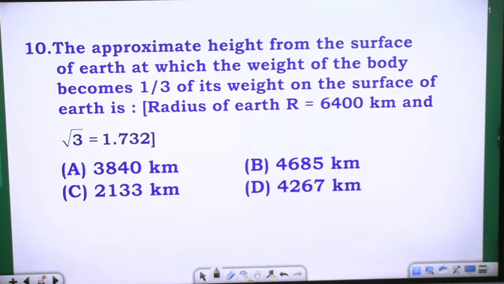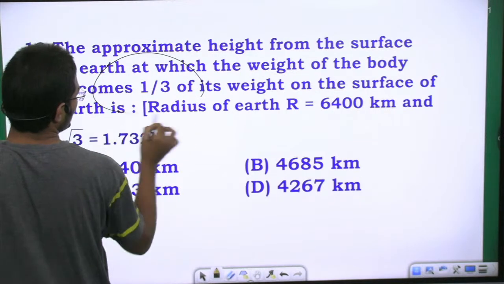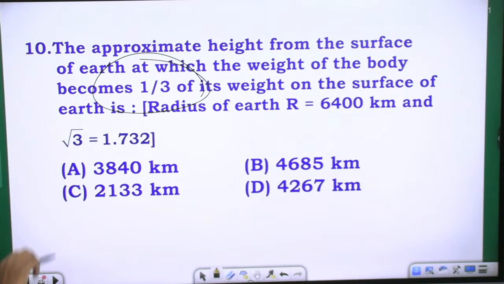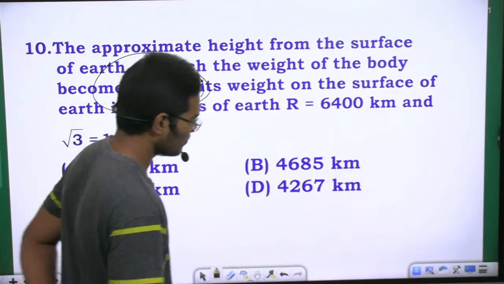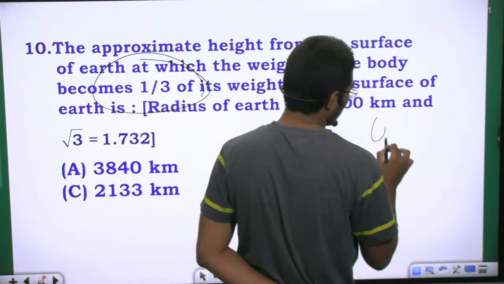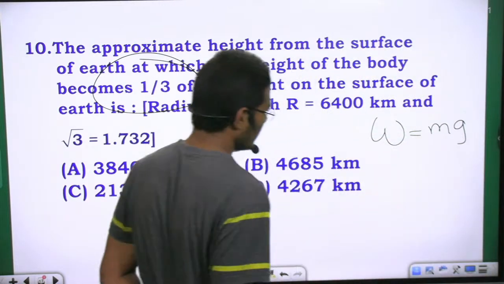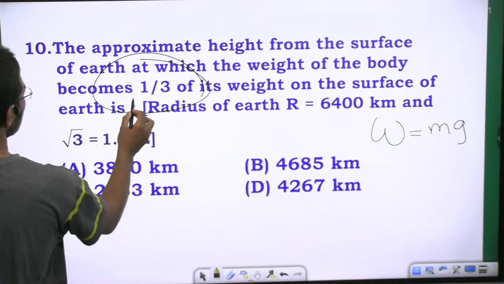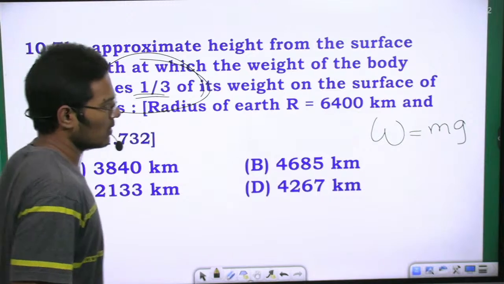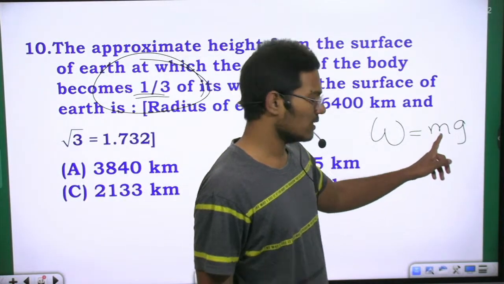See, the 10th question says that the approximate height from the surface of Earth at which weight of the body becomes one third of its weight on the surface of Earth. So, what is weight? Weight is equal to mg, right? Here it is said that weight becomes one third. Mass is nothing but matter.